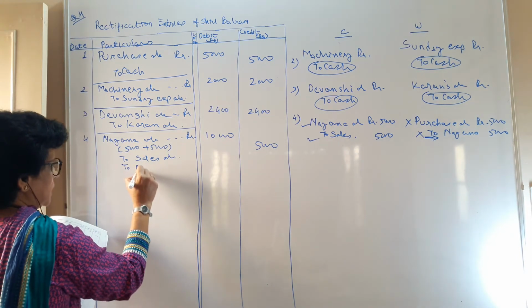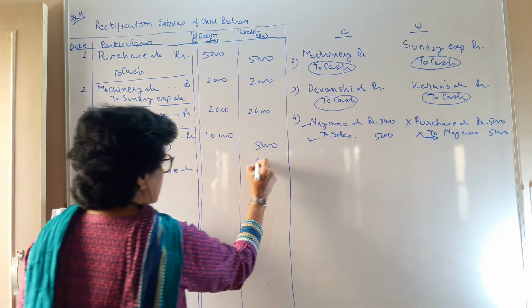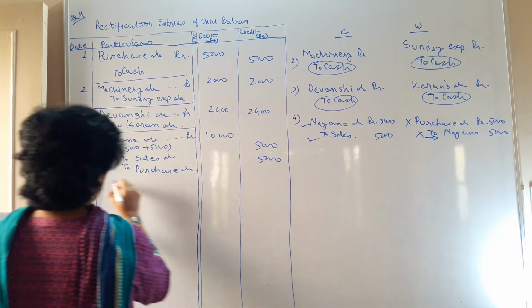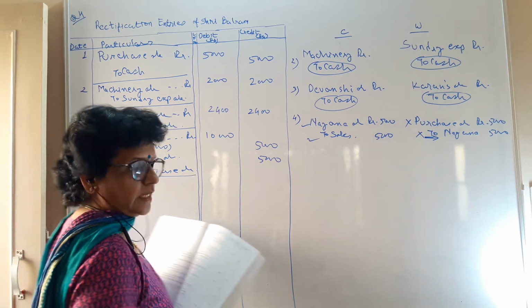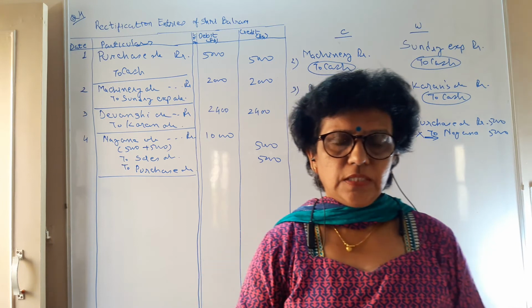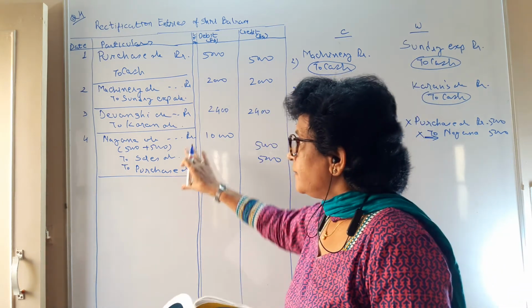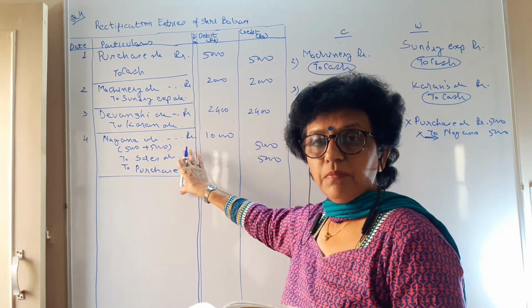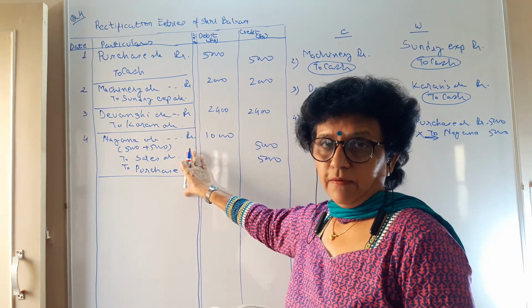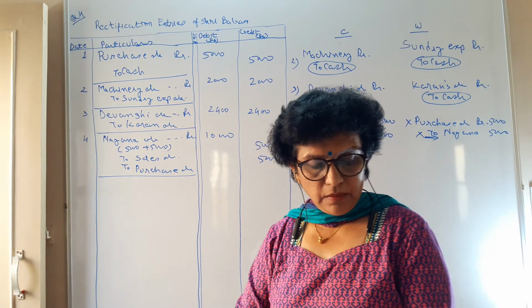So to purchase account 5,000. Write the narration: being rectification entry for wrongly recorded purchase account instead of sale to Naina. So here this error is a preliminary book recording error. The fundamental book when you have recorded, you have made the mistake.